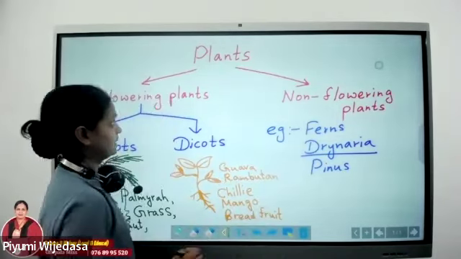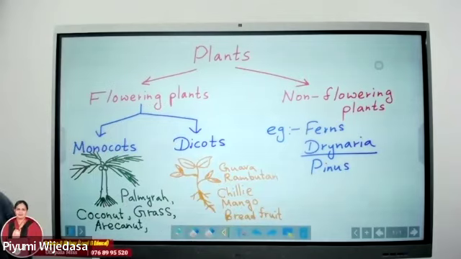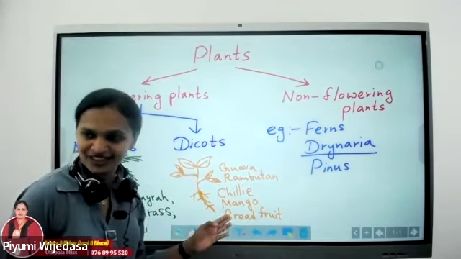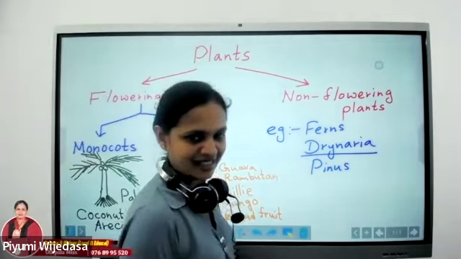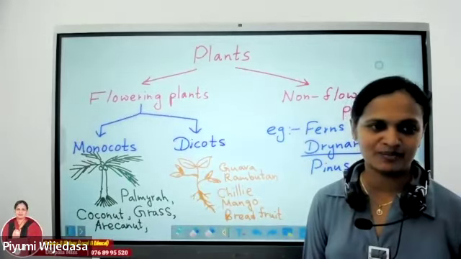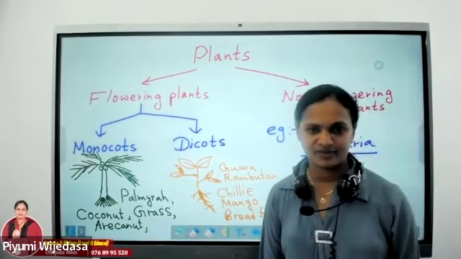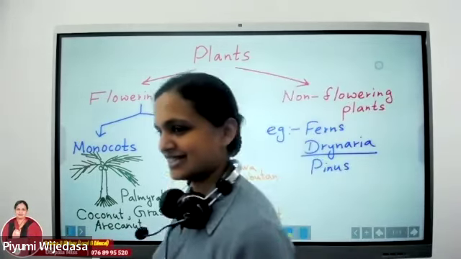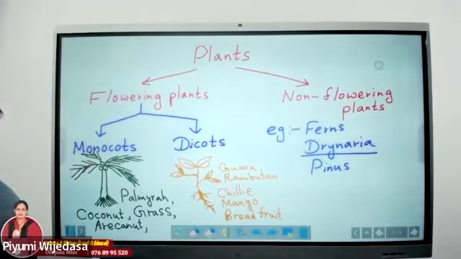Then the flowering plants are divided into two categories, monocots and dicots. Right? So dicots, what type of a root system do they have? They have a taproot system. Taproot system. Okay, good. Complete your chart.